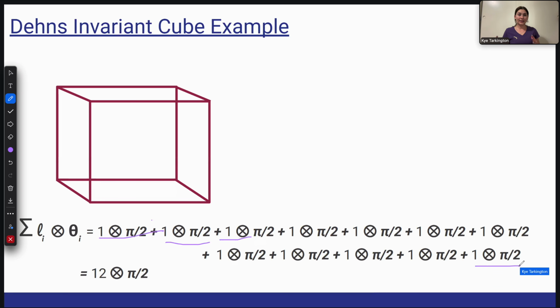By that second bullet point, that rule that we had, we're able to condense it all into this. You can pause the video and go back and convince yourself of that later. But this is a little example of a portion of the Dehn invariant.